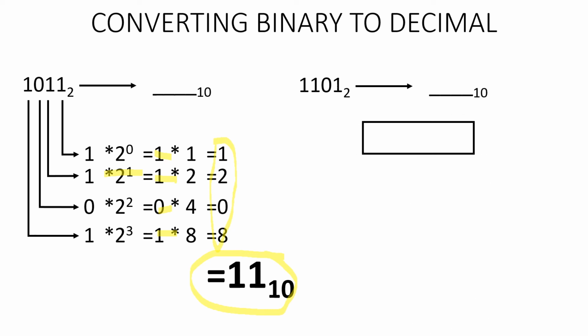Earlier we've used the easy method. This is the easy method. Now, let's go to the easier method. Write the number as it is. So we have 1101.